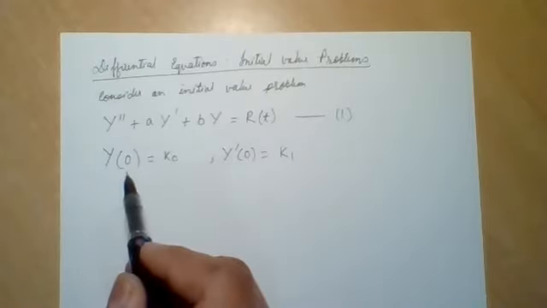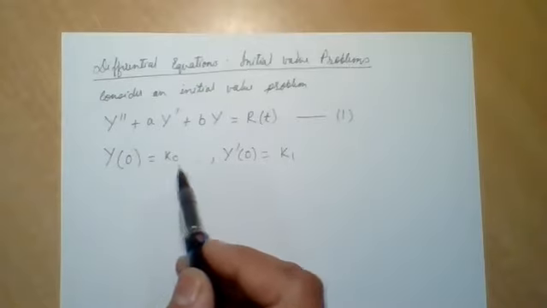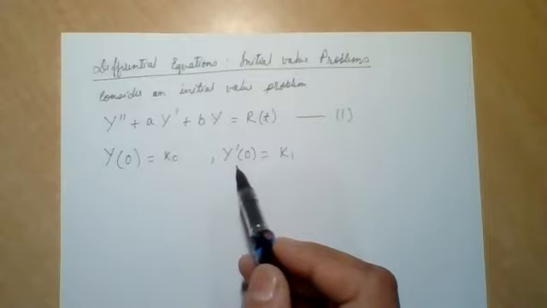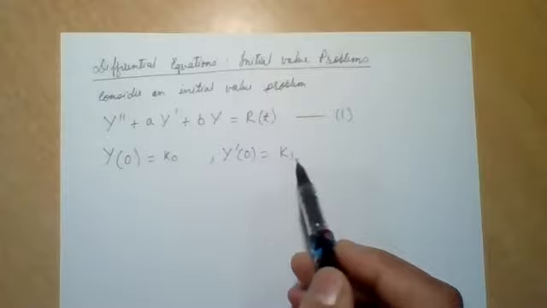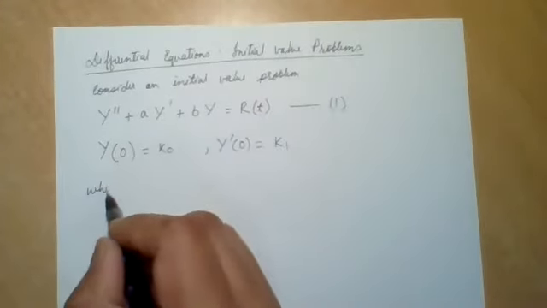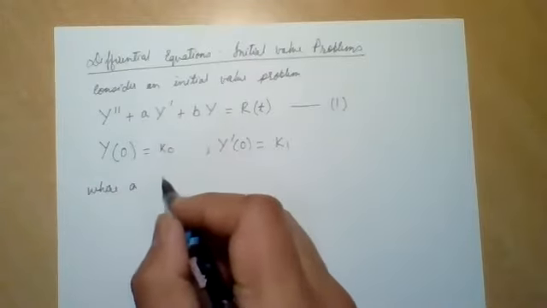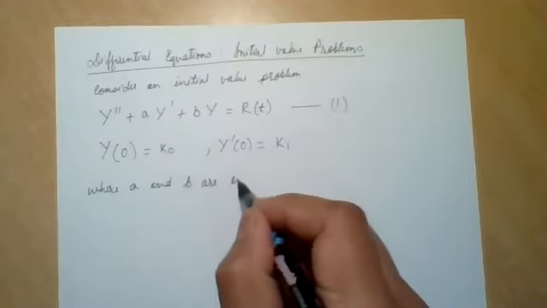This is the value of y at time t equal to 0, which is some constant k0, and this is the value of y prime, the derivative of y with respect to t, that is dy by dt, at time t equal to 0, which is equal to another constant k1. Here small a and small b are constants.